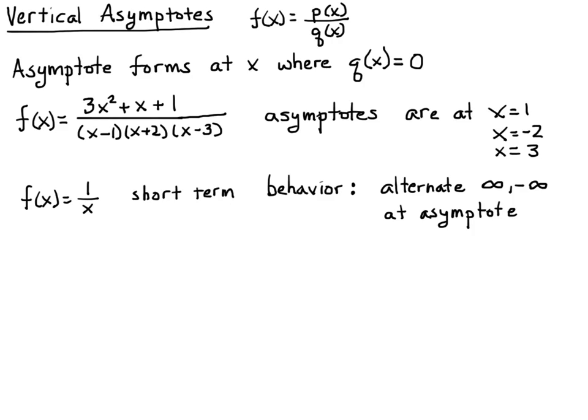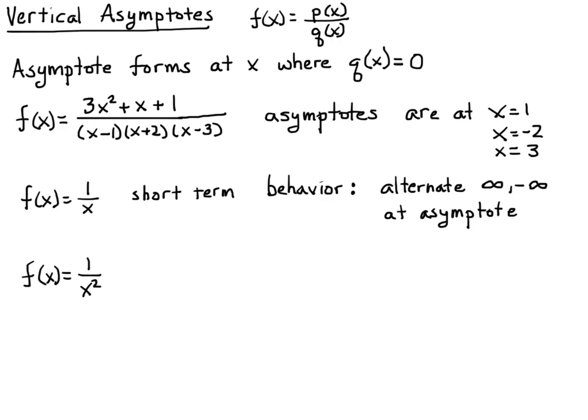On one side it goes to infinity, the other side it goes to negative infinity. And if we put a negative in front of it, then it'll be just the opposite. So what this means is that when you have an odd power in the denominator, the short-run behavior is going to go to the opposite infinities, if you want to look at it that way.